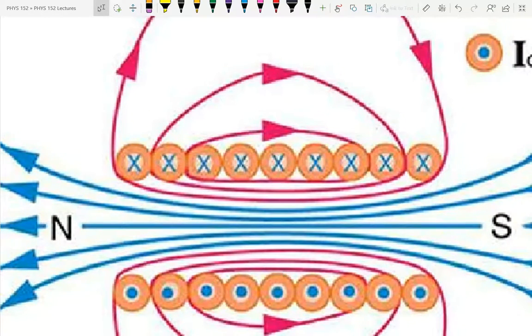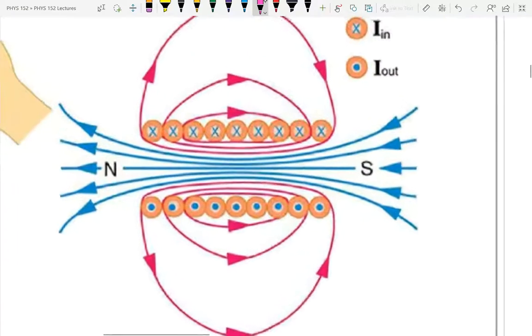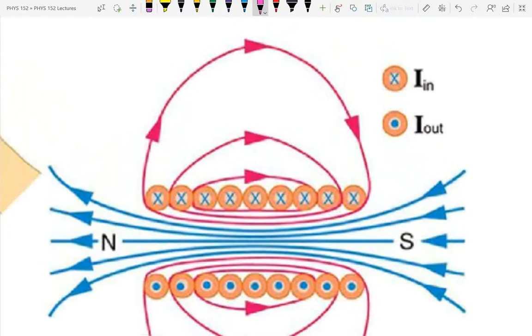If I'm going to use Ampere's law, well, first let's just rewrite Ampere's law so we remember it. The circulation on a closed loop is equal to mu naught times the current enclosed. So in my picture here, I need to choose a shape that's going to be easy to calculate that circulation.